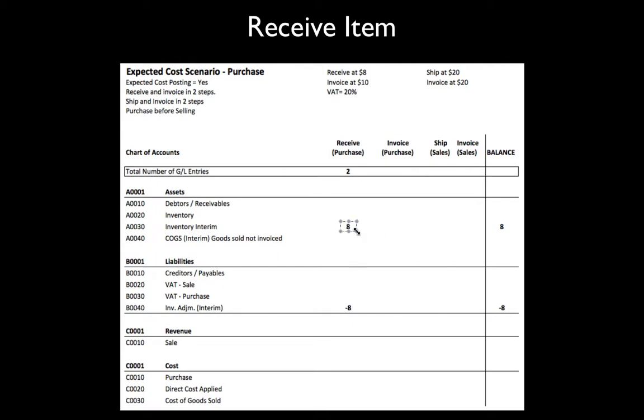That's for the debit, and the counter posting, the credit posting, goes in your liabilities area here. Because when you put something on inventory, it doesn't come free, so one way or the other you're going to have to pay somebody eventually for that inventory increase. So for now it's just being posted in your liabilities area at a value of 8.